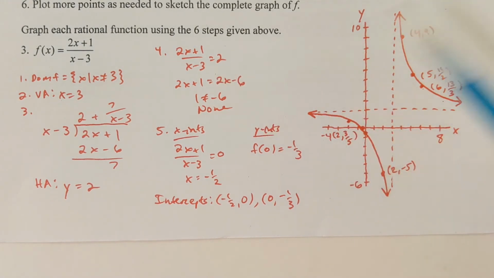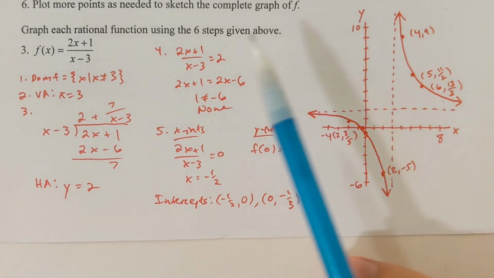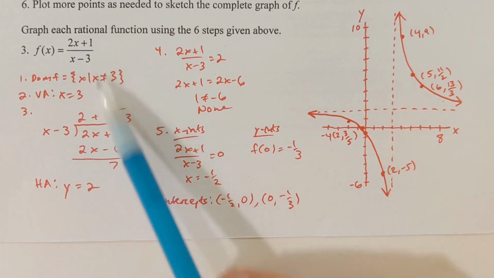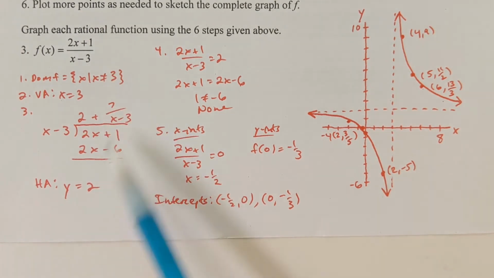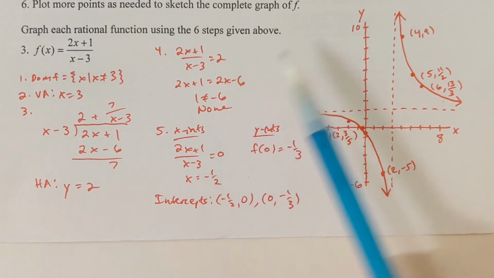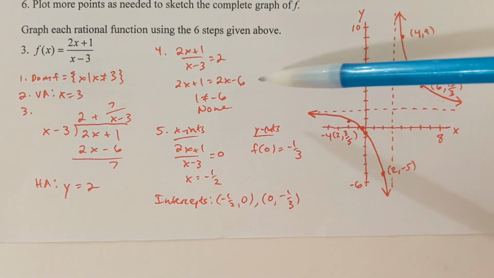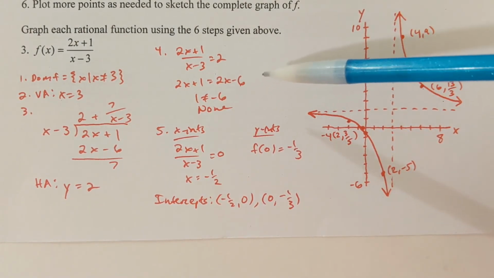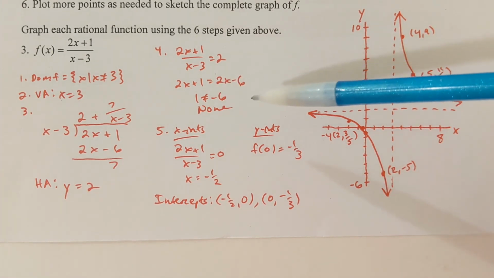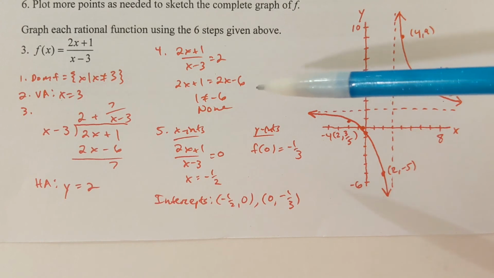Step 4 is to see if the graph crosses the asymptote. The way to see if the graph crosses the asymptote is to set the graph equal to the asymptote and then solve. If I multiply both sides by x minus 3, 2 times x minus 6 is what I get on the right. Subtract 2x from both sides and 1 equals negative 6. 1 does not equal negative 6.